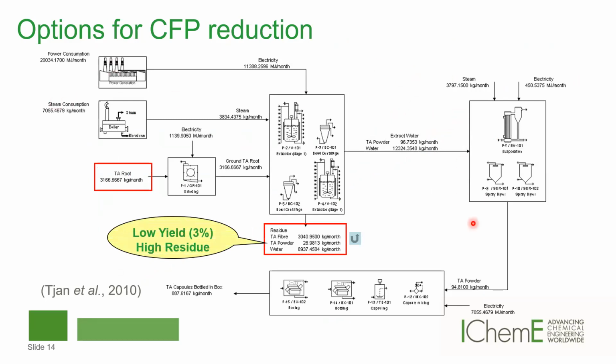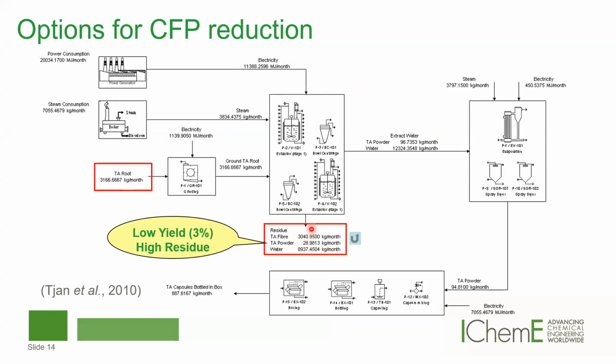So, this is a process diagram of tongkat ali. As you can see here, using this amount of tongkat ali, the product would only be just 28 kilograms per month. Okay?